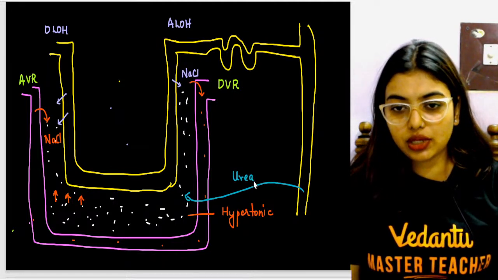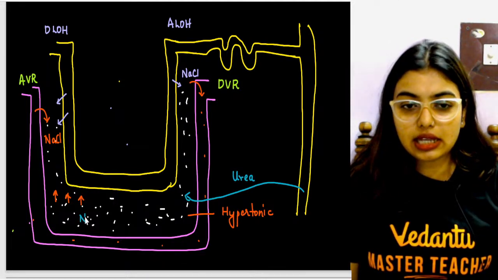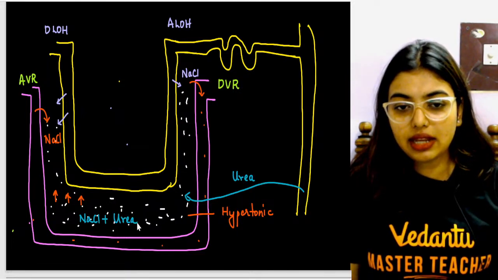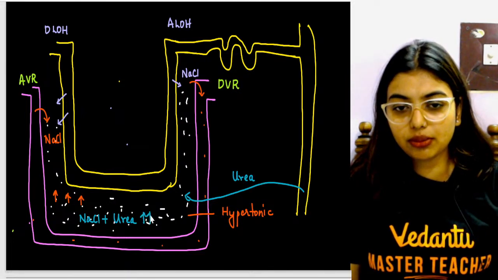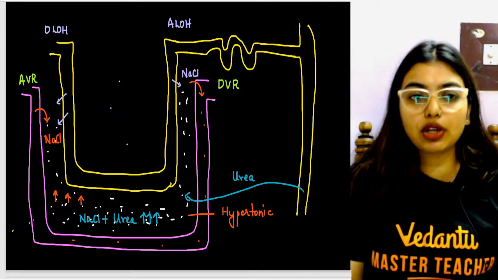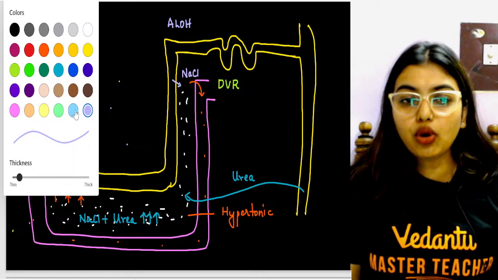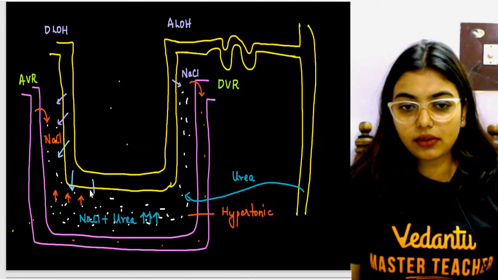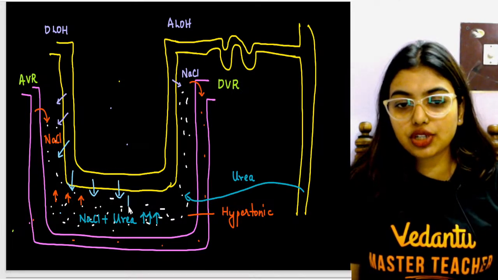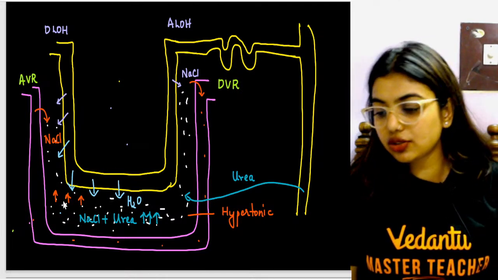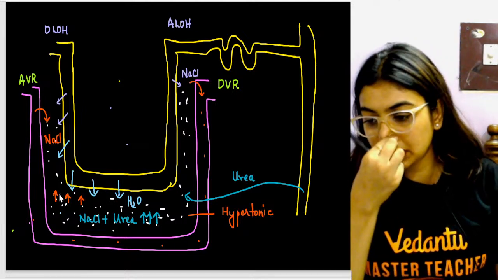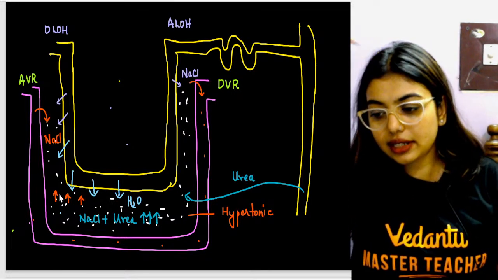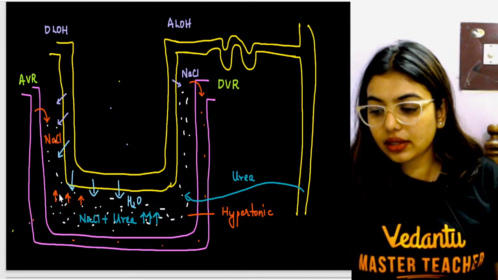So NaCl plus urea will increase the concentration here to make it a hypertonic solution, because of which, students, more water from the fluid is going to come out. Yes or no? If the solution is hypertonic, definitely water is going to ooze out from a region of higher concentration to a lower concentration. Correct? Is this clear?